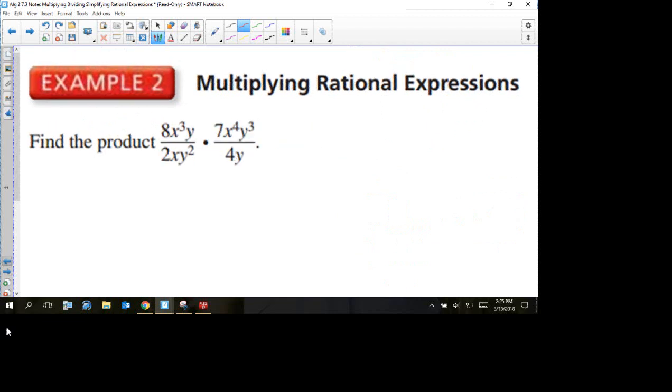Oh, it's like multiply? How do you multiply fractions? Oh, I didn't realize it said multiplication. How do you multiply fractions? You can't type it in your calculator. Straight across. You've already learned. How do you multiply fractions?